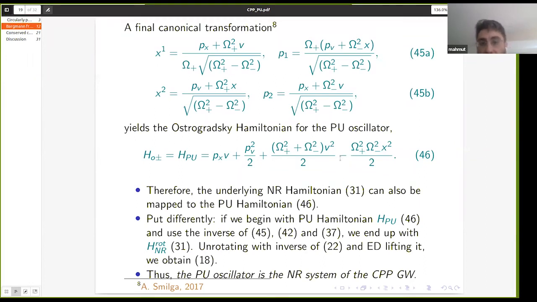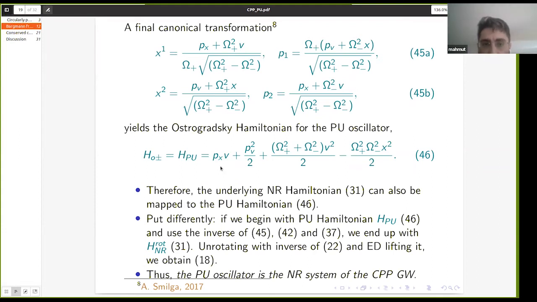And I previously showed that the Hamiltonian and also the equations of motion are the same. Therefore, what I conclude is that the system for the circularly polarized gravitational wave can be mapped to a Pais-Uhlenbeck oscillator.